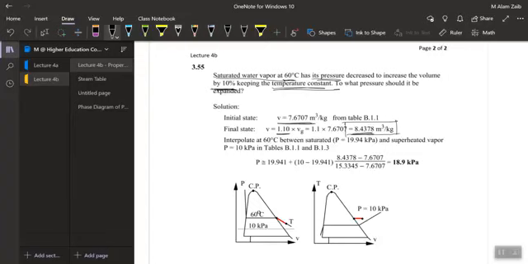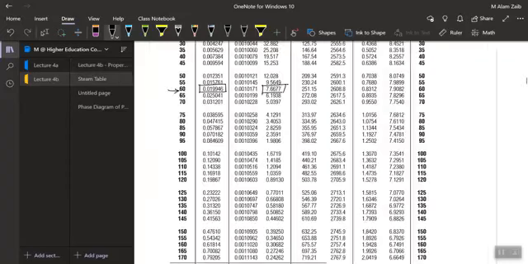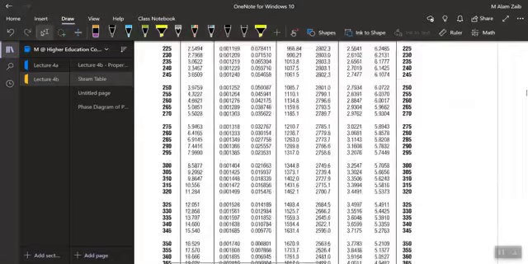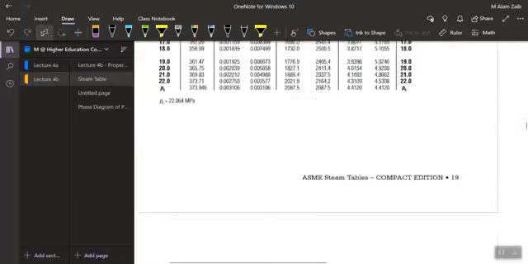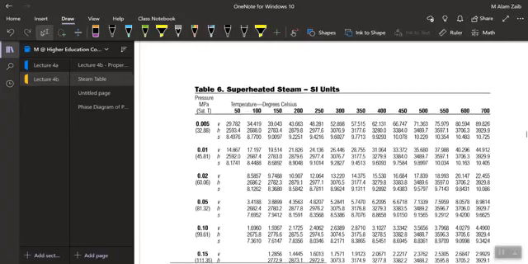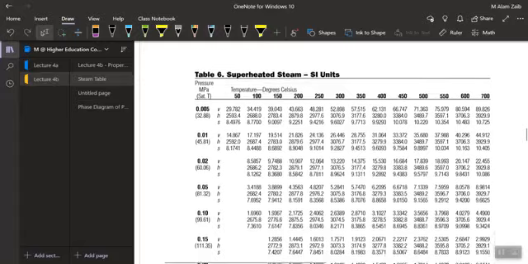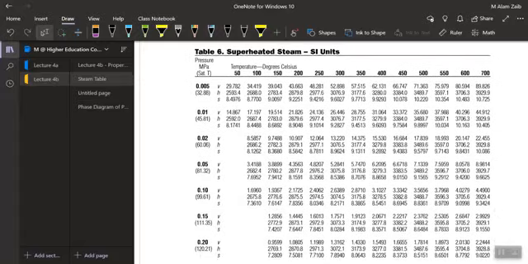If you look at the steam table, it will be very difficult to find the temperature equal to 60 degrees centigrade. So let's take a different point of view: rather than looking at the temperature, we should look at the pressure.